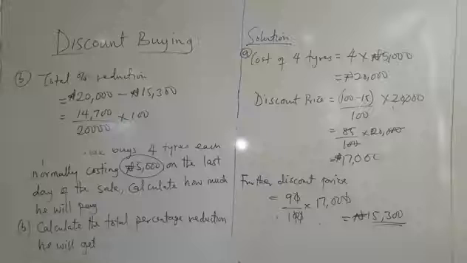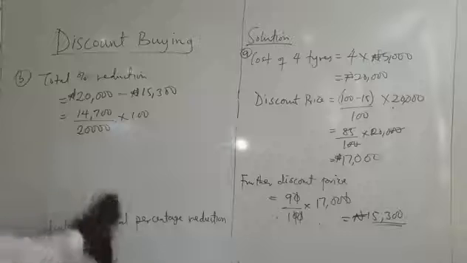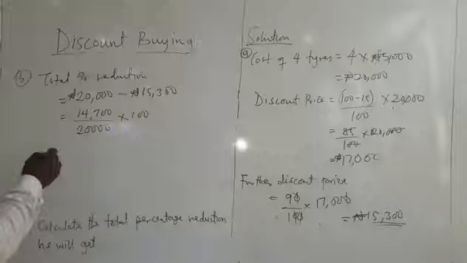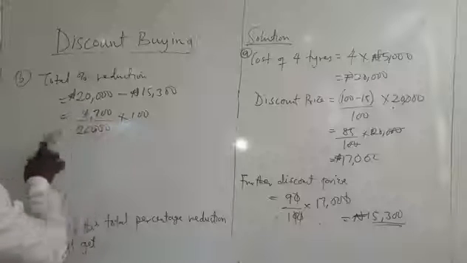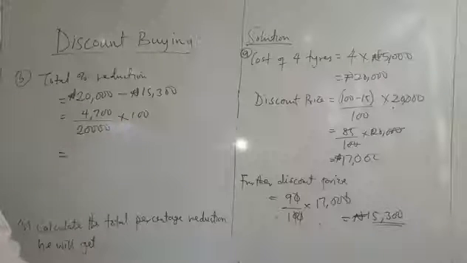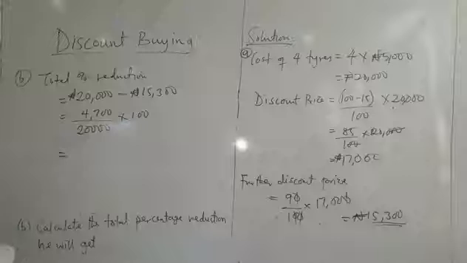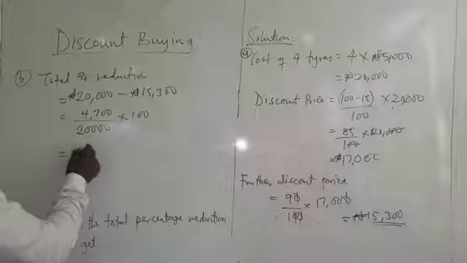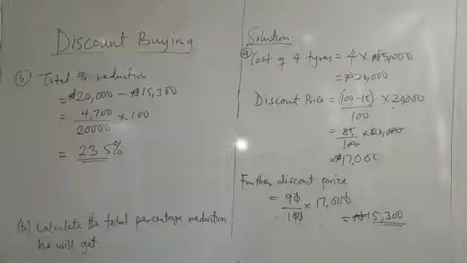So what would the percentage be? Sorry, 4,700 divided by 20,000 multiplied by 100. So that gives 23.5%. So that is the discount you received.